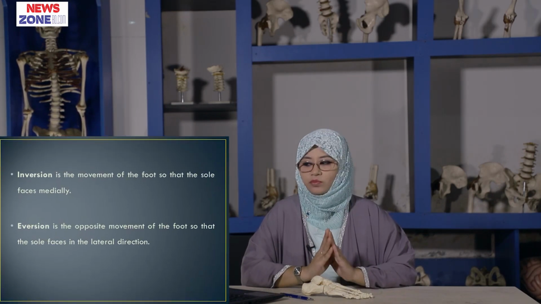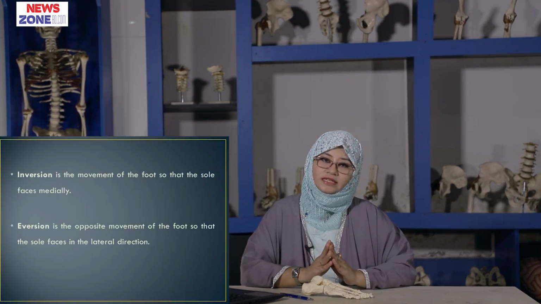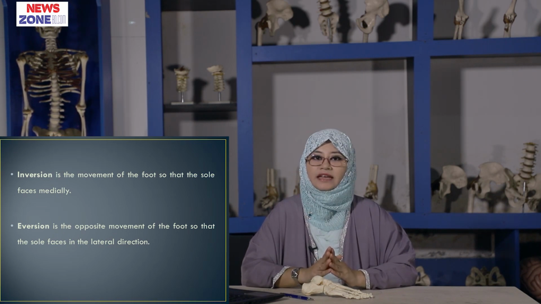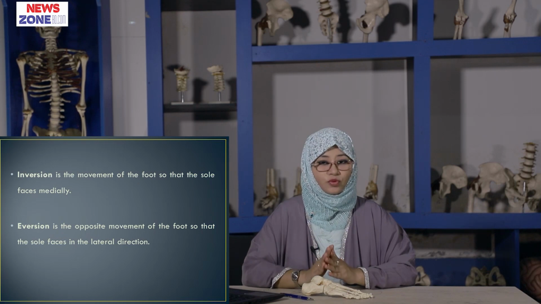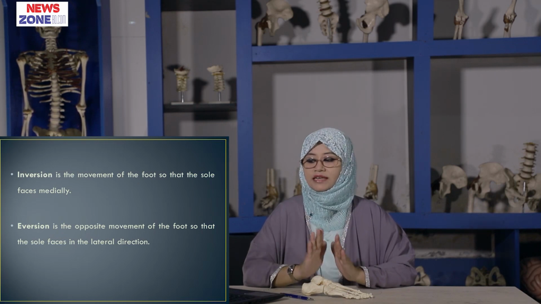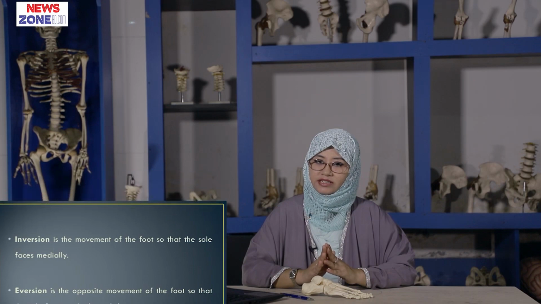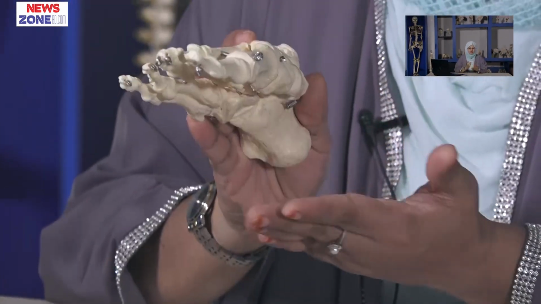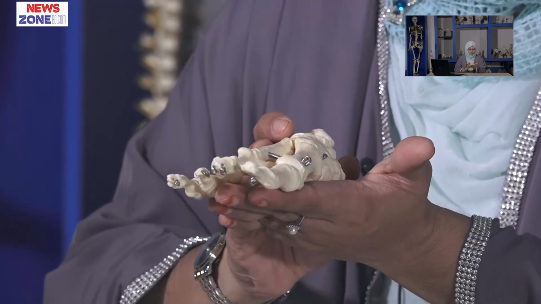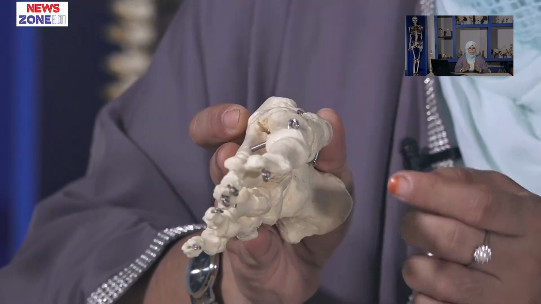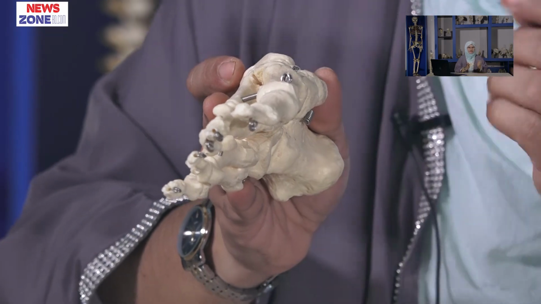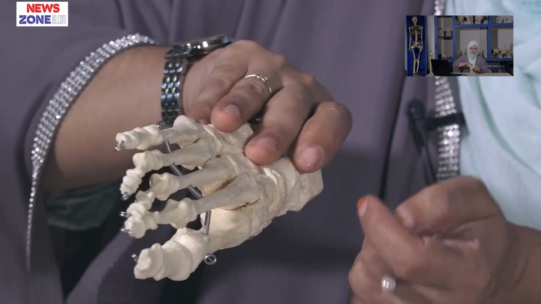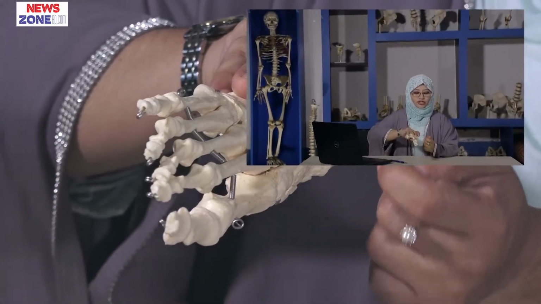Inversion is the movement of the foot so that the sole faces medially, and eversion is the opposite movement of the foot so that the sole faces in the lateral direction. When the sole of the foot faces medially, this is known as inversion, and when the sole of the foot faces laterally, this is known as eversion.